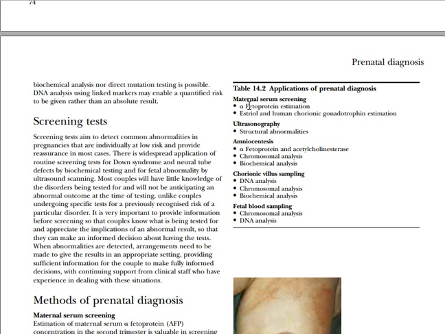When the alpha fetoprotein, estriol and human chorionic gonadotrophin levels are very high in the mother during the first and second trimester, it can make you think of a very high risk of Down syndrome. Ultrasound can help you with structural abnormalities, and amniocentesis.